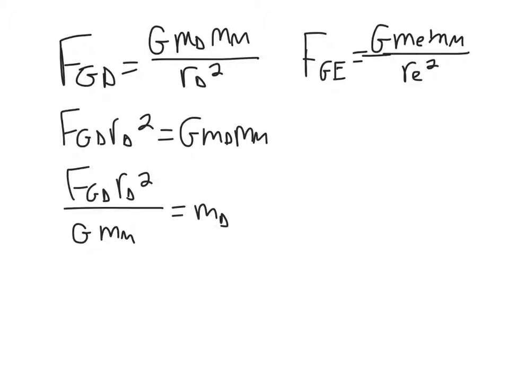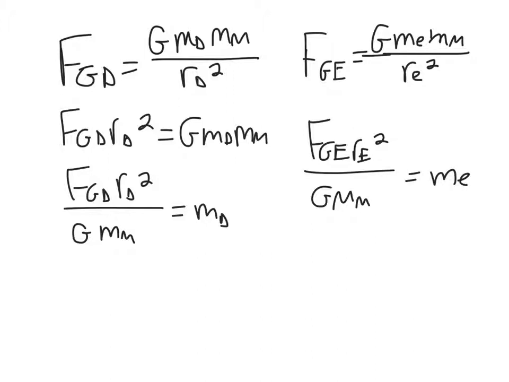And on the other side, this is going to turn out to be the same thing since we're dealing with the same equations. So FG for the Explorer times the radius of the Explorer squared over G times the mass of Mars equals the mass of the Explorer.